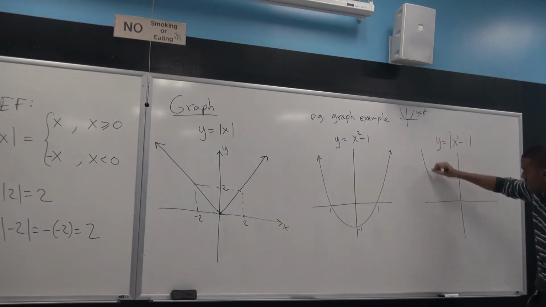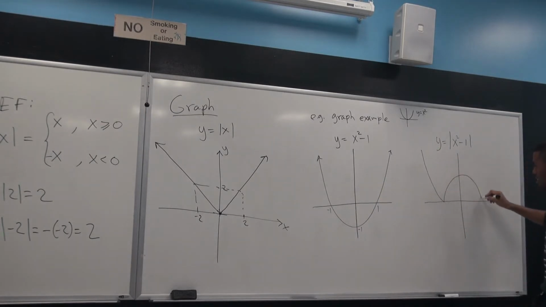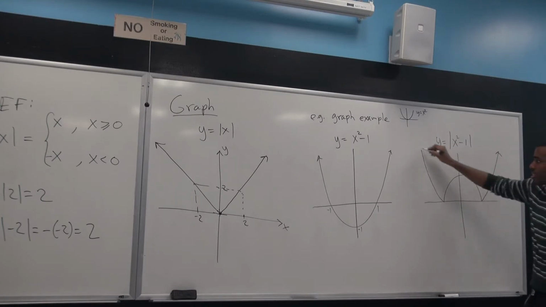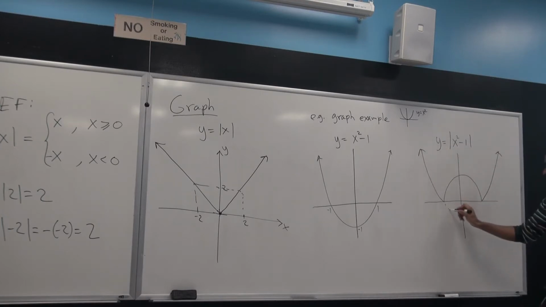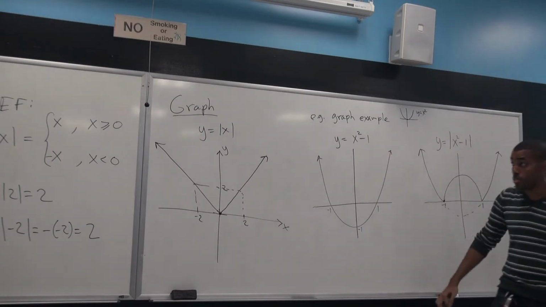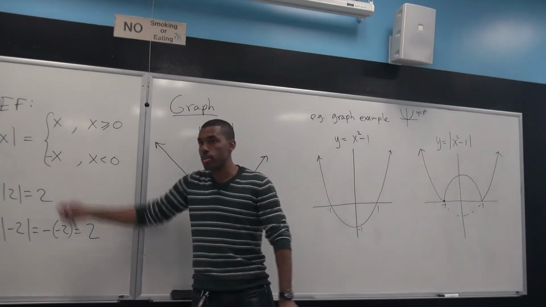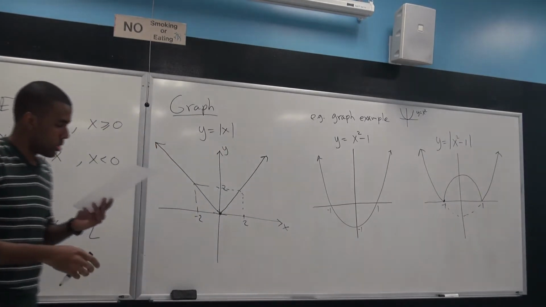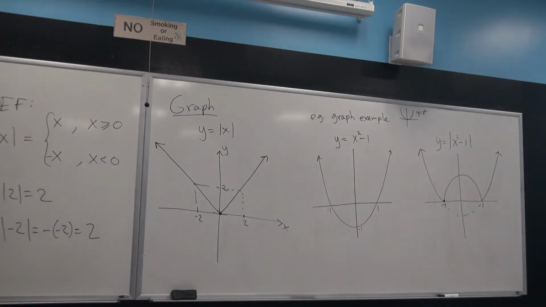So the graph is going to look like this, right? Because it doesn't like this part. It's negative, so we flip it up. So that's just giving you an idea graphically of what the absolute value does. Any part that's negative, you flip it to make it positive. You do that by taking the negative of it. So that's one thing we want to keep in mind.